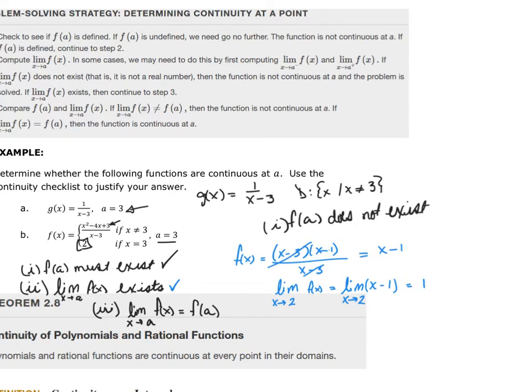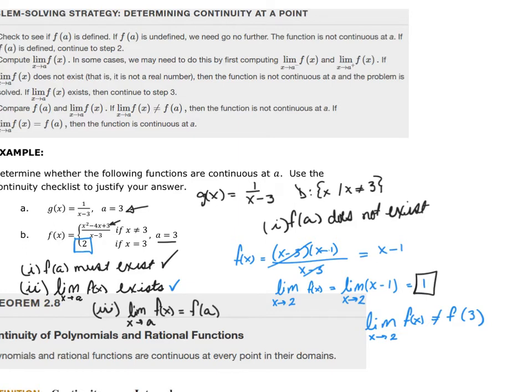Now when I did the limit, I got 2. But if I go back up here to my original piecewise function, at x equals 3, it is 2. So what I am checking now is the limit as x approaches 3 of f of x, and f of 3 is 2.